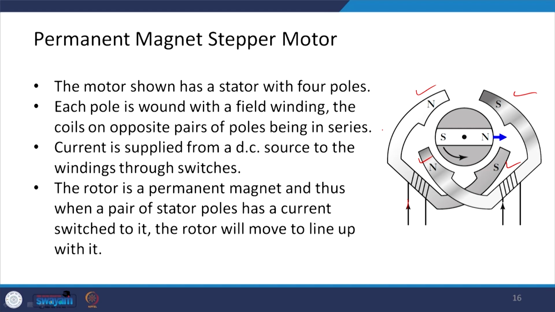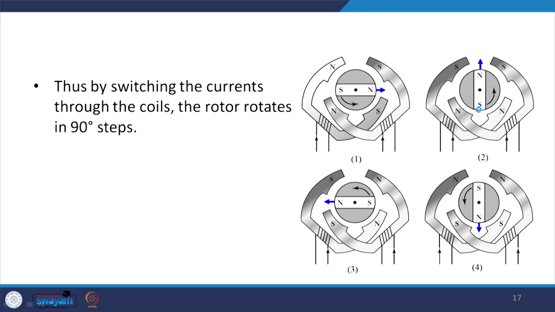Each pole is wound with field winding, the coils on opposite pairs of poles being in series, and current is supplied from a DC source to the winding through the switches, and the rotor is a permanent magnet, and thus when a pair of stator poles has a current switched on it, the rotor will move to line up with it. Let me explain this further over here.